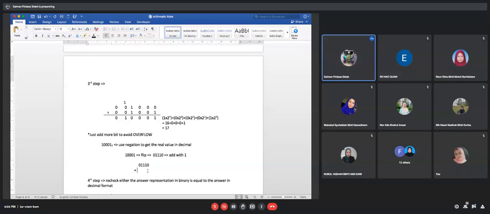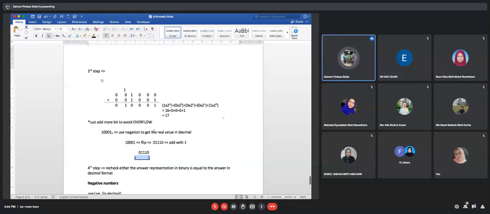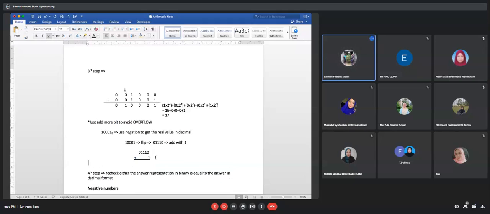This is the step. Add with 1. So the answer is 0, 1, 1, 1, 1. What's the value of 0, 1, 1, 1, 1 in decimal?